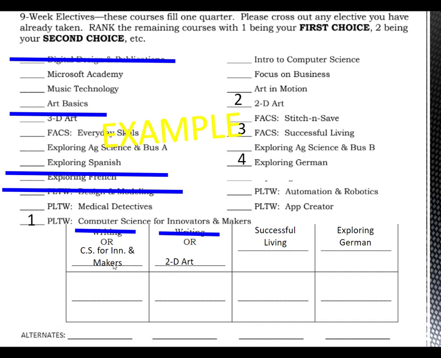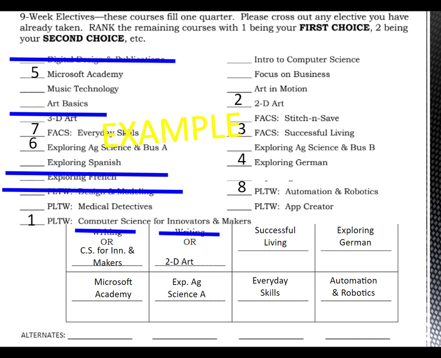So this person has computer science for innovators and makers, 2D art, successful living, and exploring German. They have 4 more boxes remaining. They are going to number them 5, 6, 7, 8 and write them in the bottom. So you see Microsoft Academy, Exploring Ag A, Everyday Skills, Automation and Robotics.